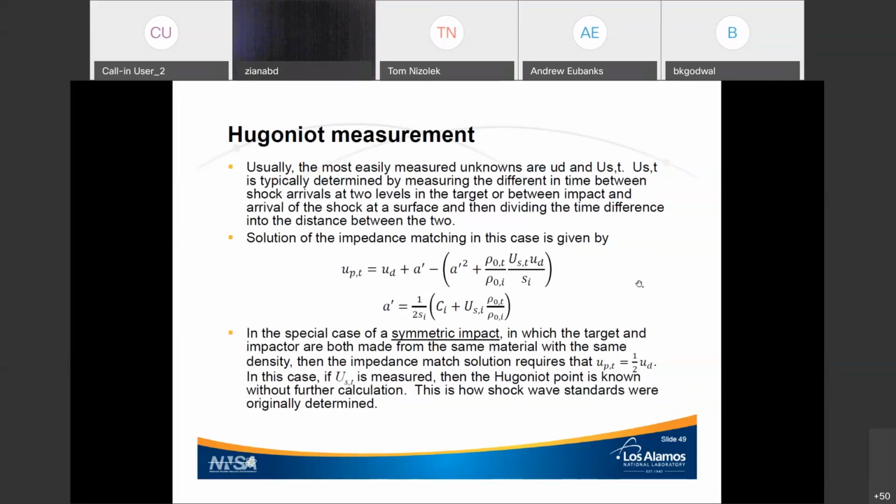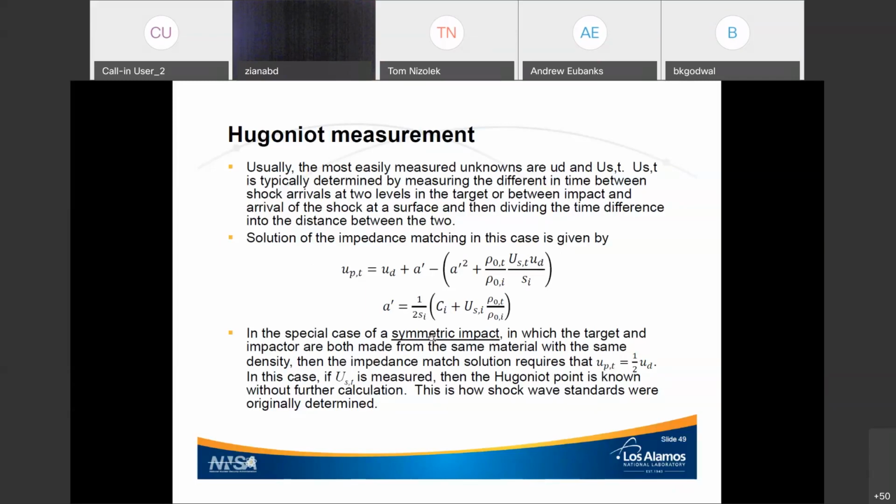There's one case that was actually used early on in particular to define the Hugoniots of standards, before there were any materials with known Hugoniots, and that's something called a symmetric impact.